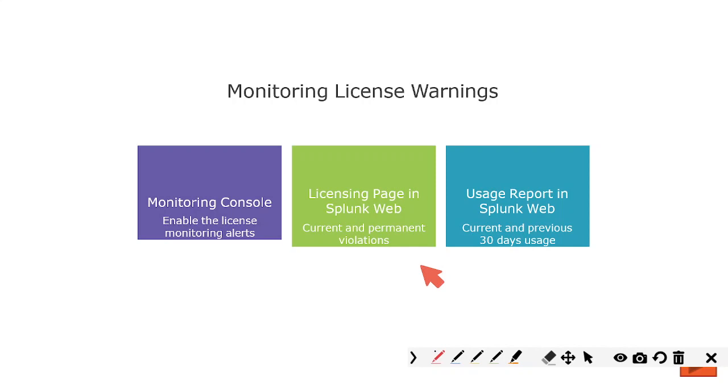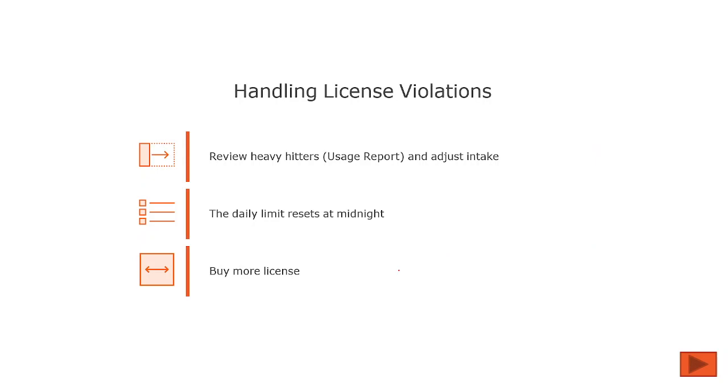You can see the license warnings either in your monitoring console, or you can navigate to the licensing page to see how many violations there are. These are the ways you can monitor license warnings. So how do you manage warnings or violations once your licensing quota limit has been breached?